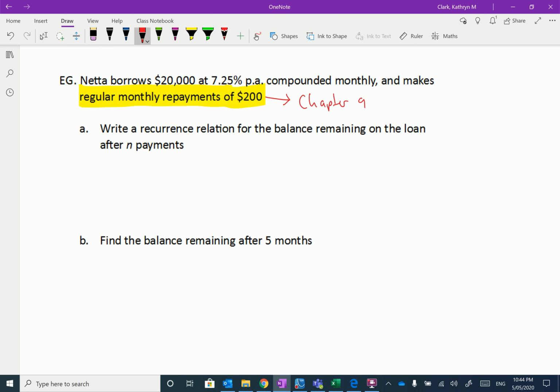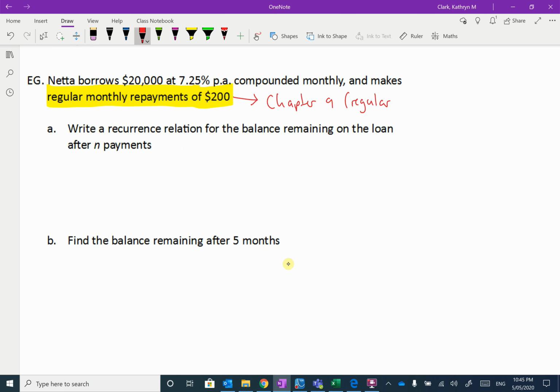Is there a regular repayment? Because we have a regular repayment, it's going to be either a reducing balance loan, an annuity, or an annuity investment. At the moment, we're doing reducing balance loans, so it's going to be a reducing balance loan. The other good thing about reducing balance loans is usually the question will say it's a reducing balance loan.